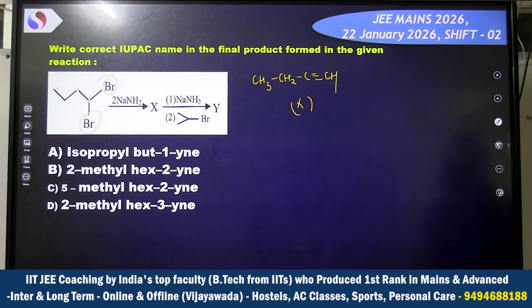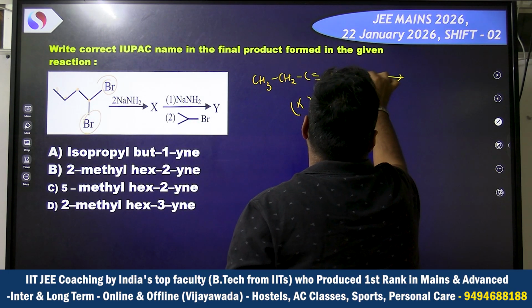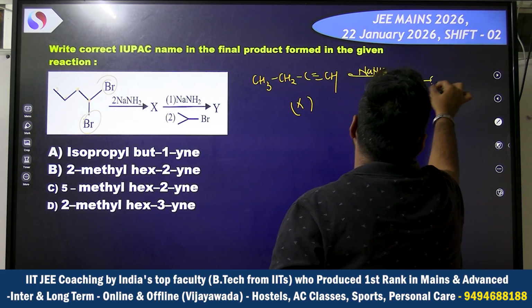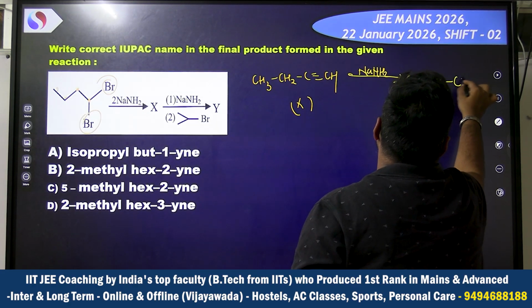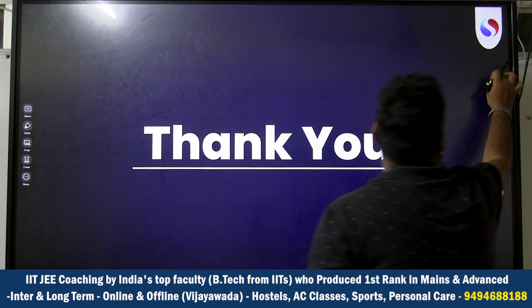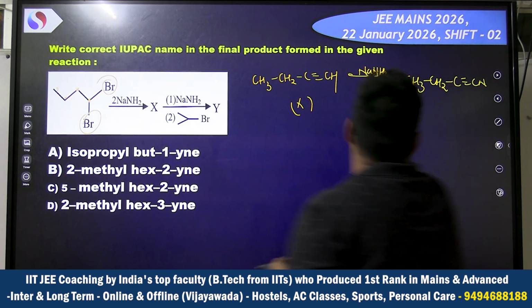Now we are again adding NaNH2. So NaNH2 will produce the salt, CH3, CH2, C triple bond C Na. This will produce salt.